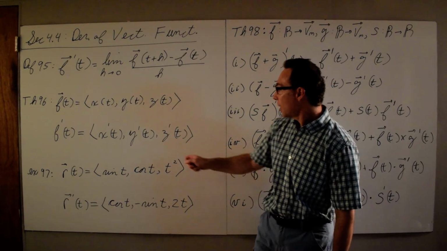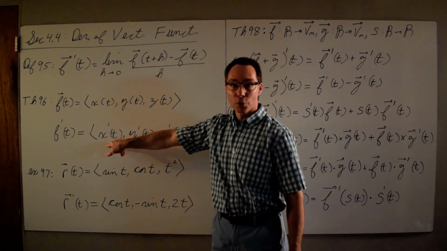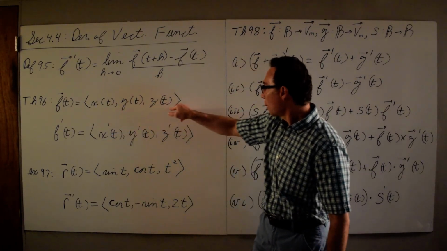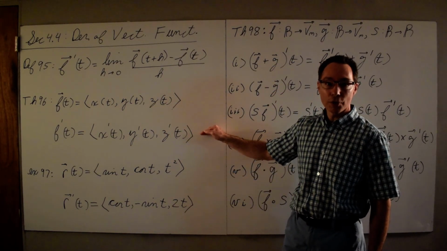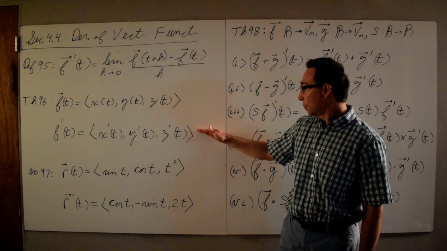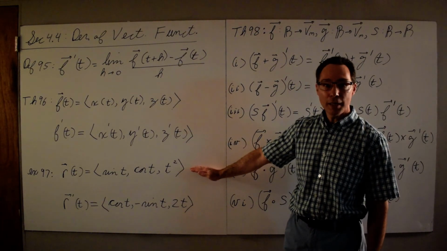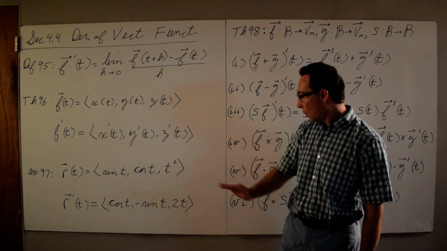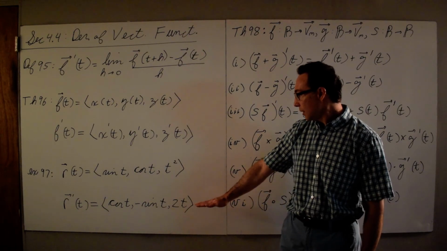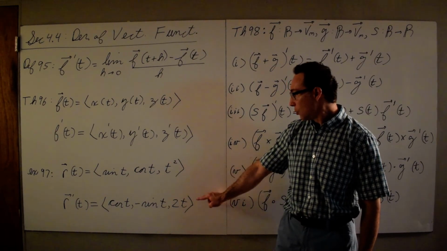The derivative of f is the vector-valued function whose components are the derivatives of these functions. So this is pretty much how you would like to calculate a derivative of a vector-valued function. For example, if r of t is the vector-valued function sine of t, cosine of t, t squared, the derivative is cosine of t, negative sine of t, 2t.